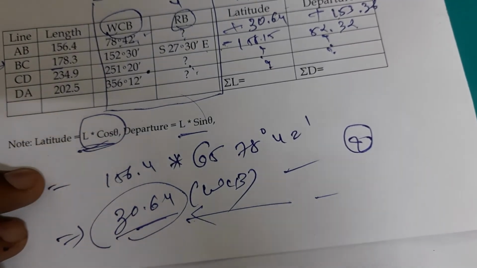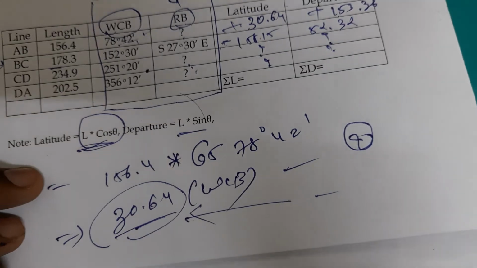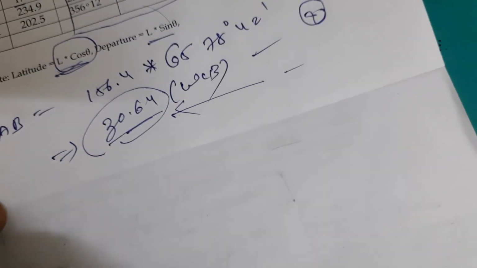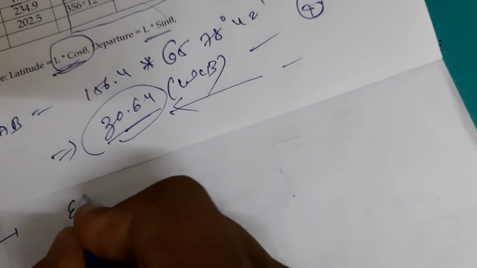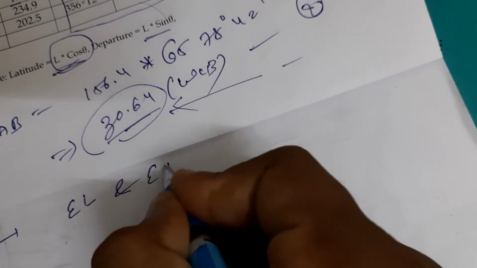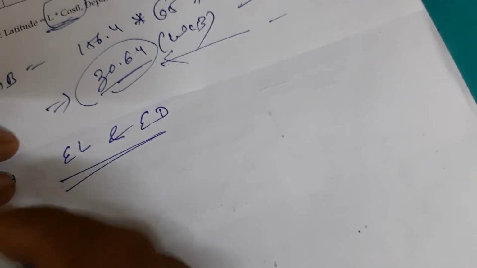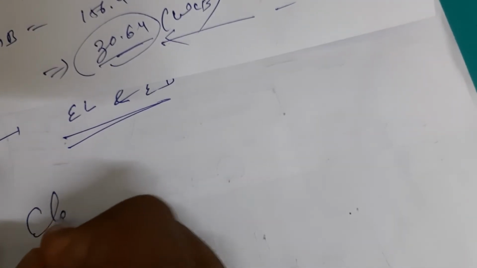If there is a minus, you subtract; if there is a positive, you add. After finding sigma L and sigma D, we need to find the closing error. You have the equation for the closing error.